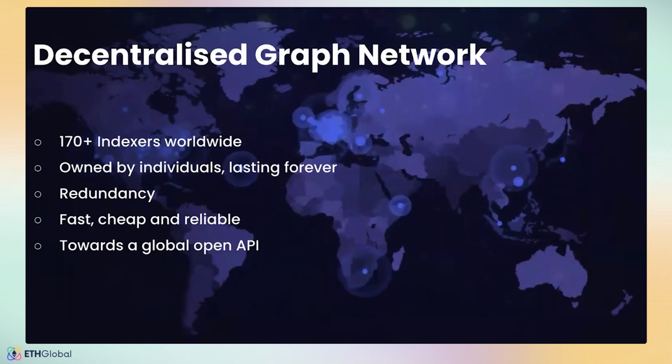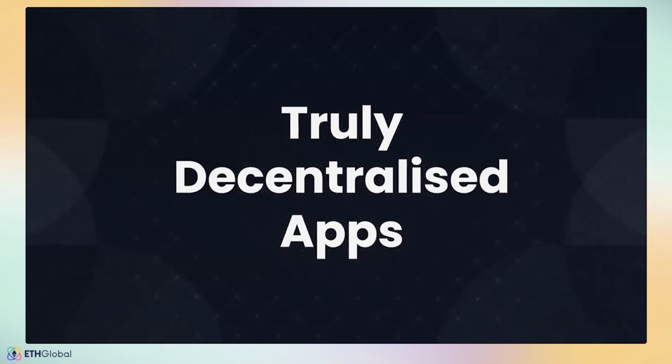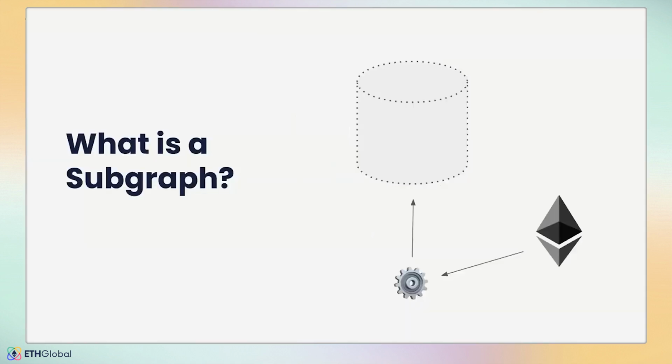There is this redundancy. So if a subgraph is indexed by one indexer, others are across the world. If one goes down, another is still around. It also gives you fast, cheap, reliable access to that data. And the whole mission is that we go towards a global open API of the data that we need. That's very cool. And in the end, we can now build truly decentralized apps. Right? That's what we try to do here.